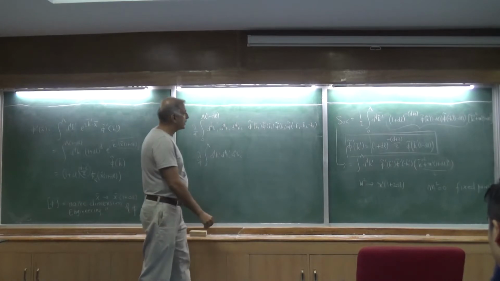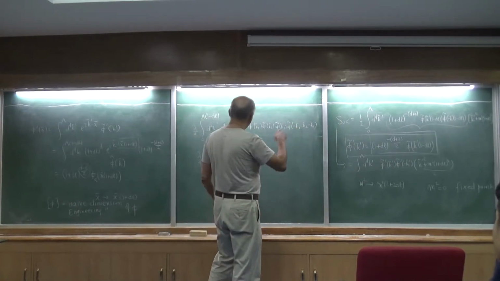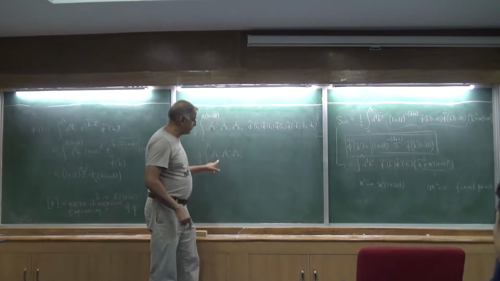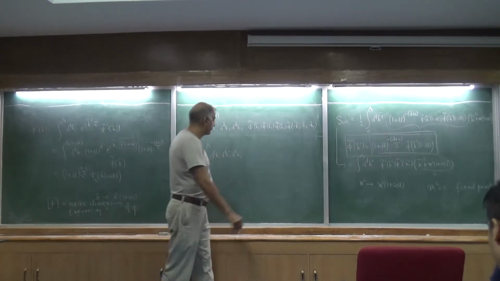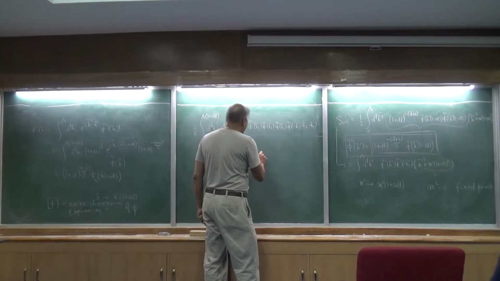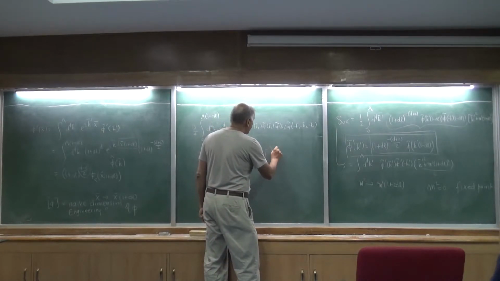Forget about that. Remember that every time I went from here to there, there was a 1 plus dl to the minus d coming. So there will be a 1 plus dl to the minus 3d over here.